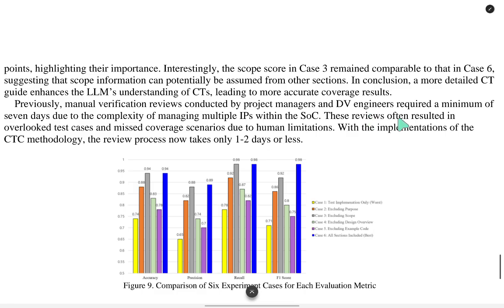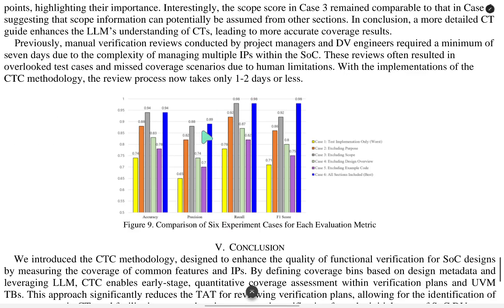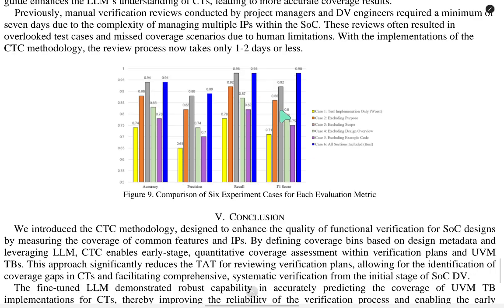These reviews often resulted in overlooked test cases and missed coverage scenarios due to human limitations. With the implementation of the CTC methodology, the review process takes only 1 to 2 days or less. Figure 9 is a comparison of 6 experimental cases for each evaluation metric.